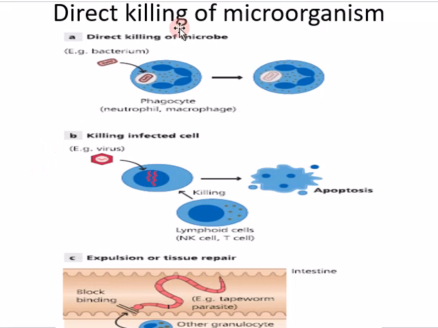Okay, now which are the cells that are involved directly in bringing destruction of the foreign particles? One, neutrophil, and next is macrophage. For example, if bacteria get in, which are the cells involved in destroying the bacteria? Neutrophils and macrophages.